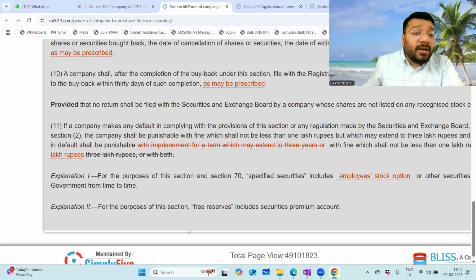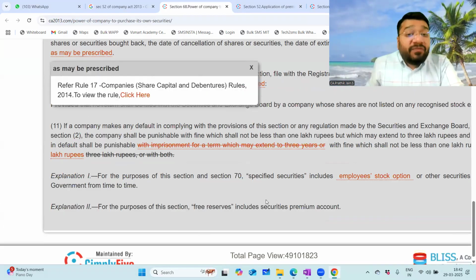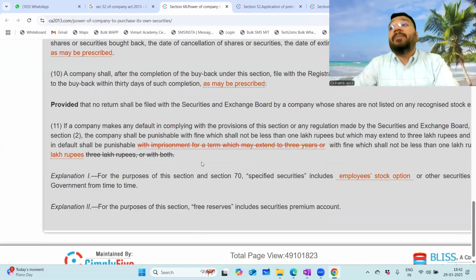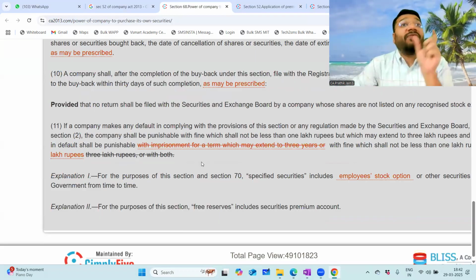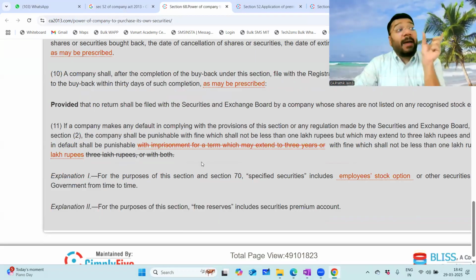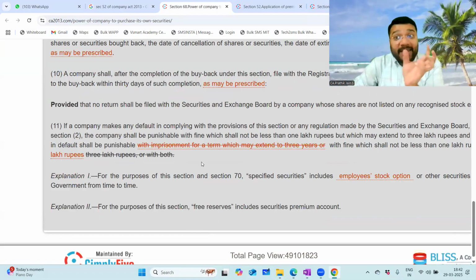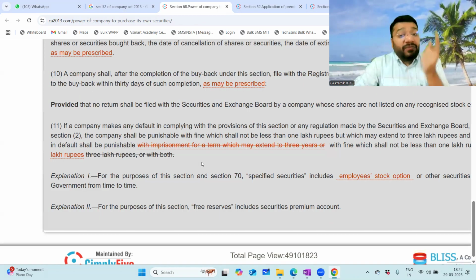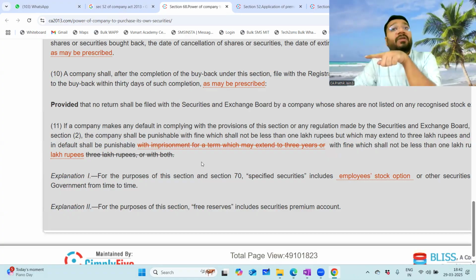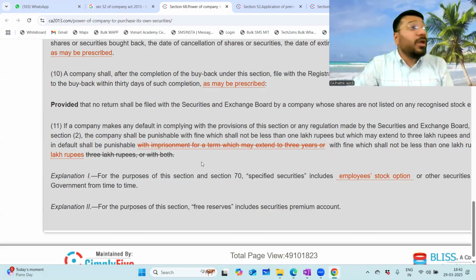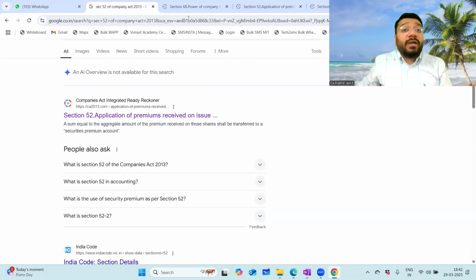Why? Because here they have told in Explanation 2 that only free reserves will be transferred to keep the capital intact. Specifically, to keep the capital intact, free reserves have to be transferred: free reserve account debit to CRR account. So in that, whether premium can be used or not is not clear, though they've told it is for buyback here.